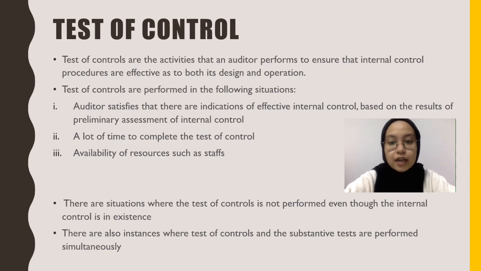And the last one is the availability of resources, such as staff of the company. There are situations where the test of control is not performed even though the internal control is in existence. And there are also instances where tests of controls and substantive tests are performed simultaneously.